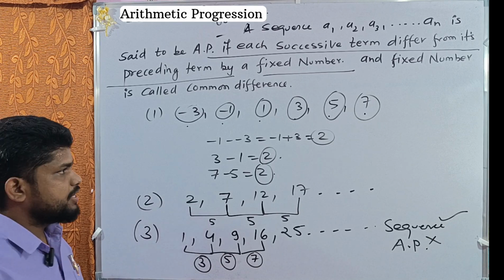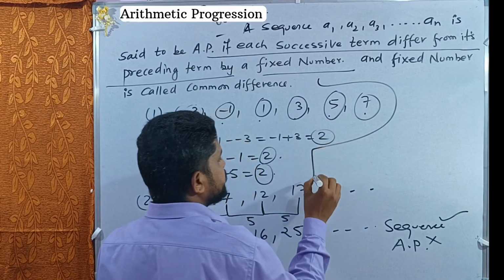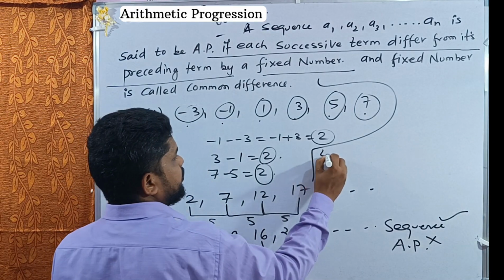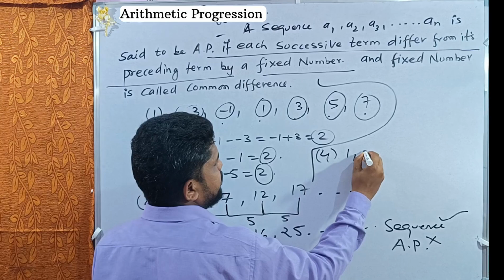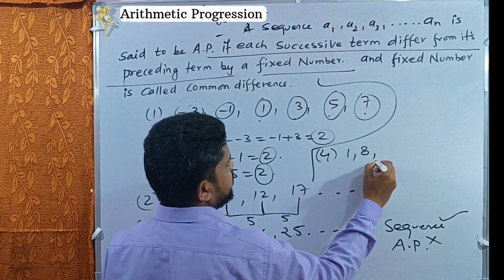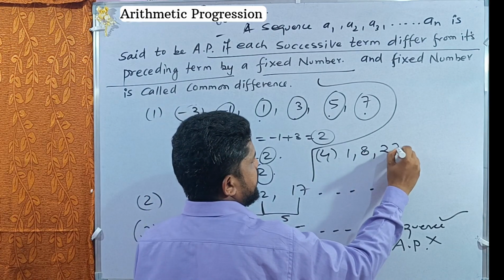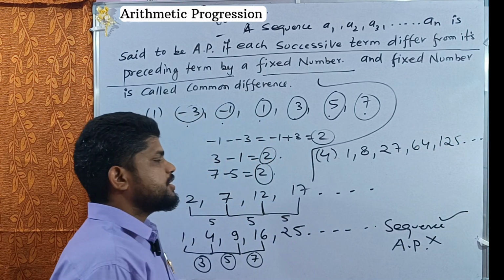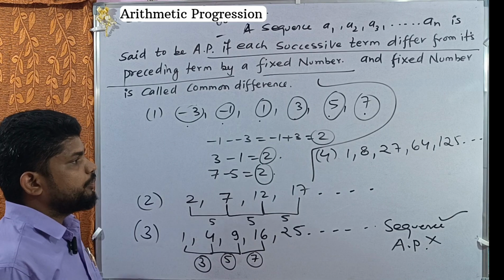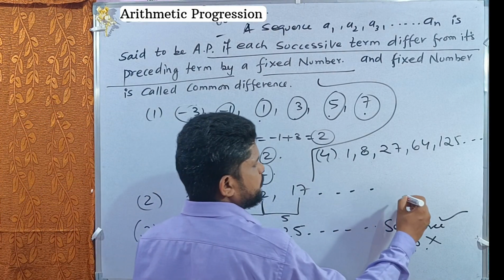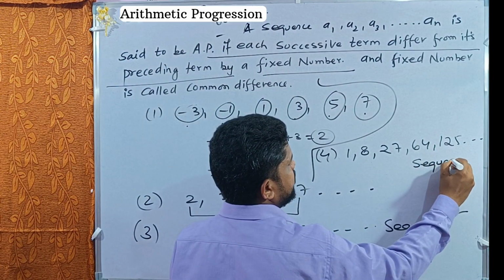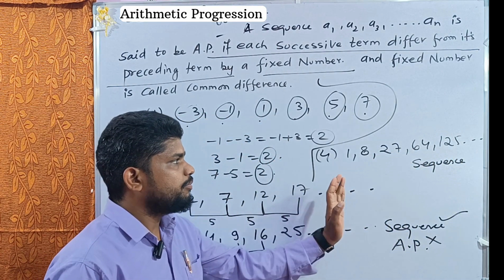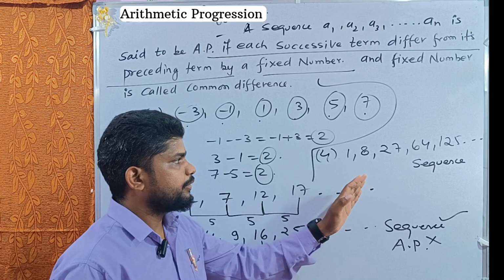Let us take one more example. Suppose, dear students, I take the sequence of cube numbers: 1, 8, 27, 64 and 125, and so on. This is the sequence of cubes. Here also you can see that this is a sequence because each term follows some pattern or rule.